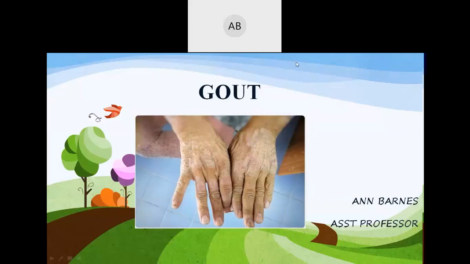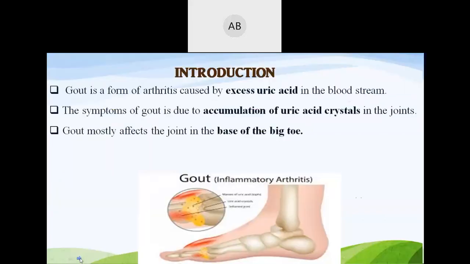So, we'll start with the next topic, that is gout. Sometimes gout is also called gouty arthritis, and it is a type of arthritis where usually the patient will have joint pain and inflammation of the joints.